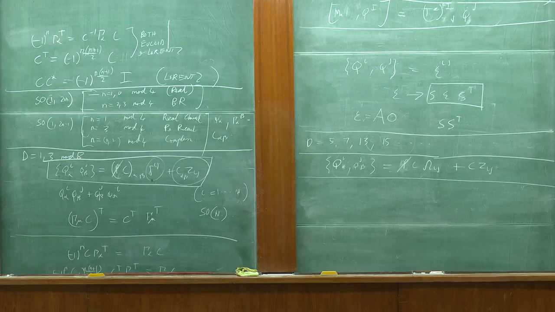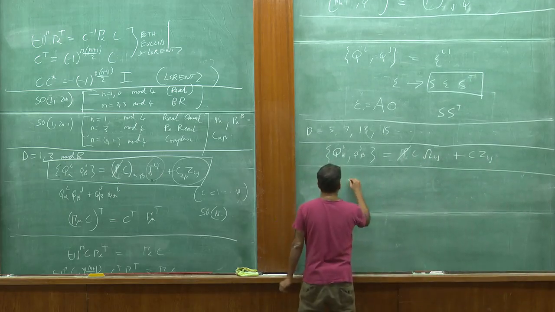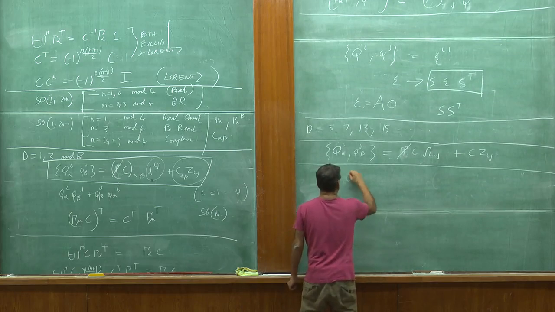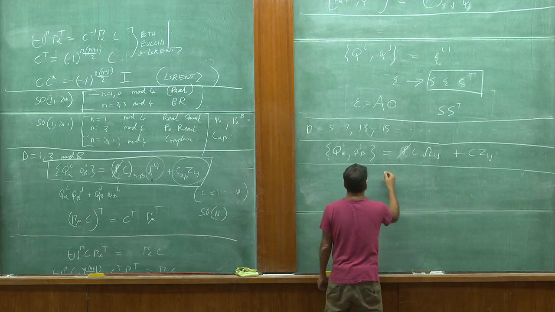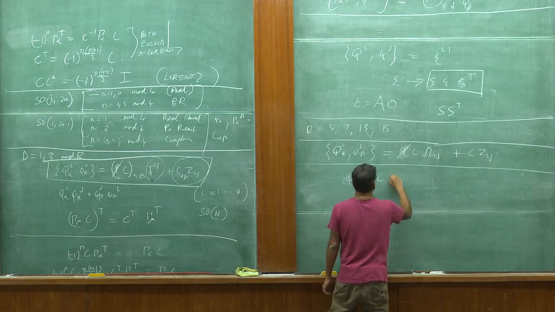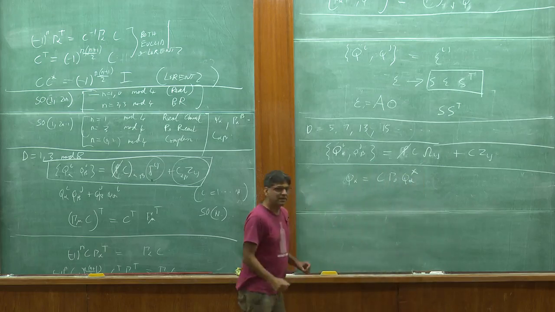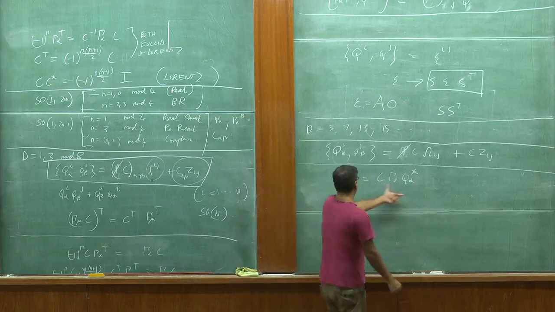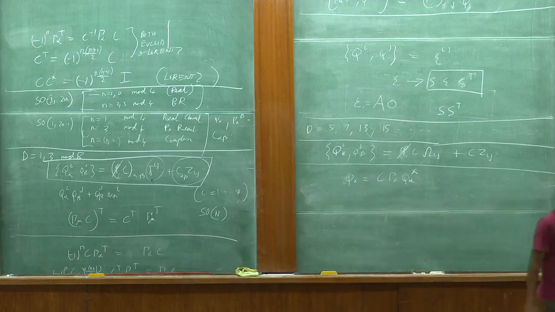They do not obey the condition Q alpha is equal to C gamma 0 Q alpha star. The reason they don't obey this condition is that when we act on this twice, we get minus 1. We get the condition Q is equal to minus Q.